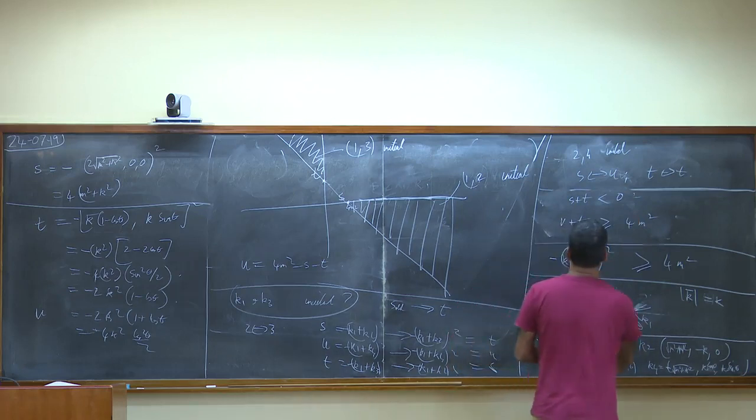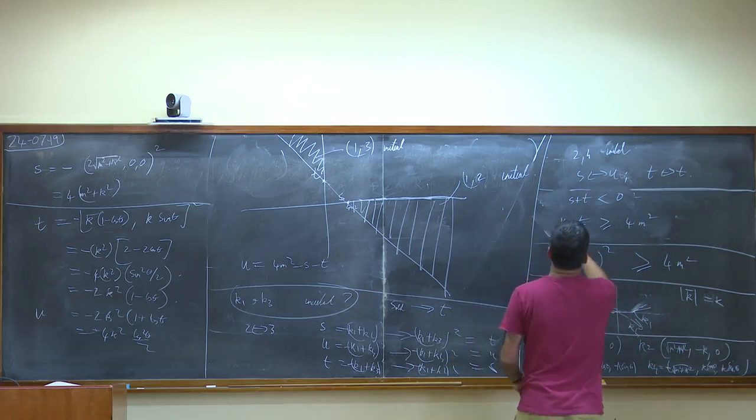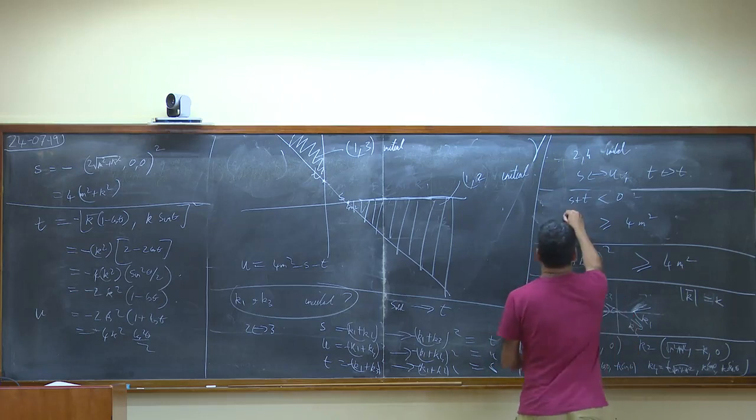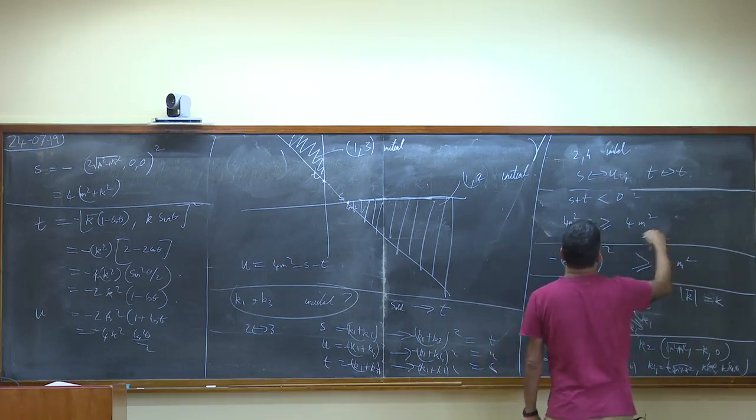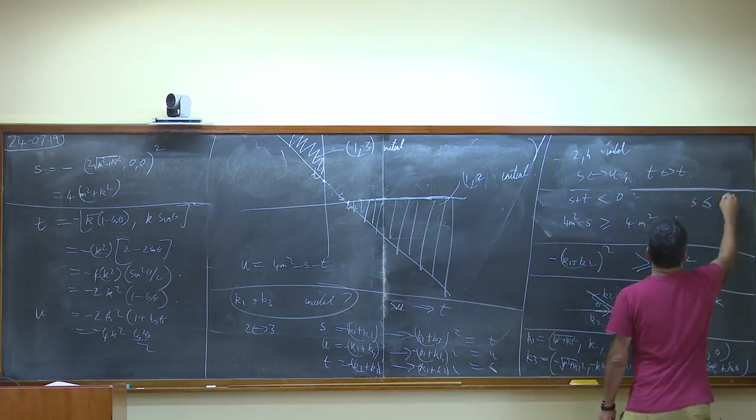And here we will get U plus T, so that's 4m squared minus S, and so S less than or equal to 0.